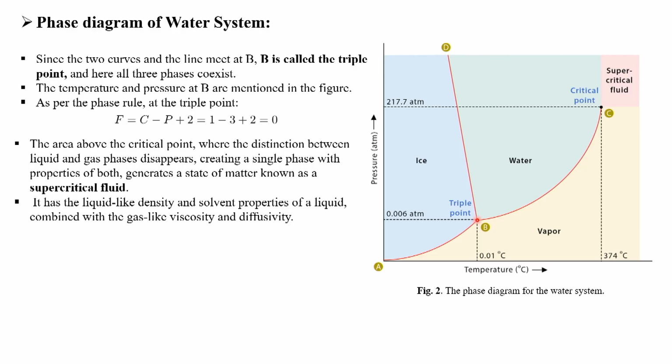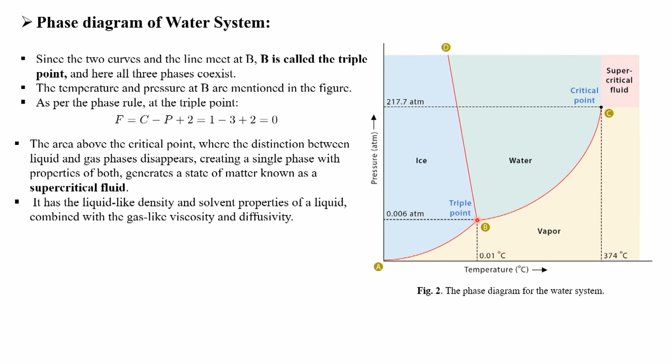So we have C is 1, P is now 3, and the number of degrees of freedom is F equals C minus P plus 2. So 1 minus 3 plus 2 gives you 0. So there is no degree of freedom here. This means the pressure and temperature are fixed, at 0.006 atmosphere and 0.01 degree Celsius.